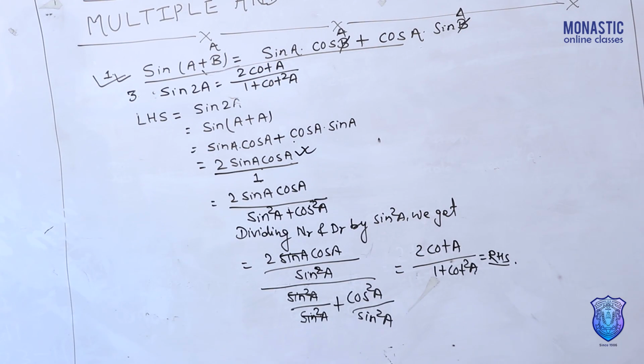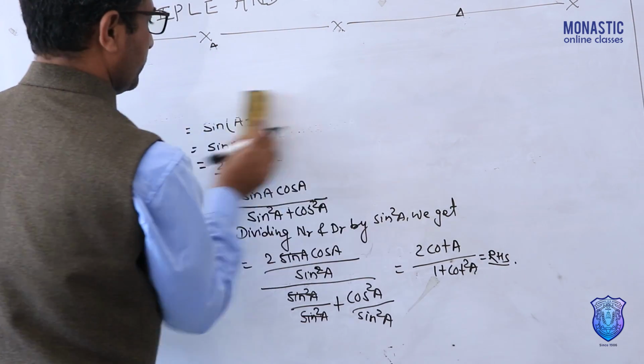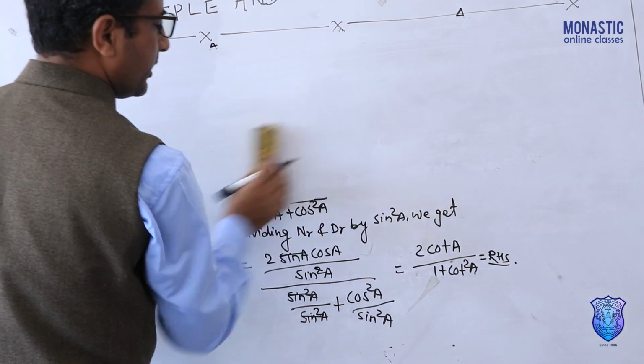So what we got? We now have 3 formulas of sine of 2A.